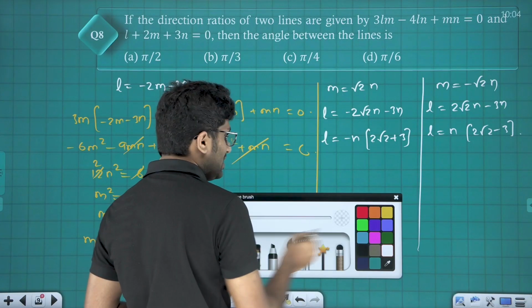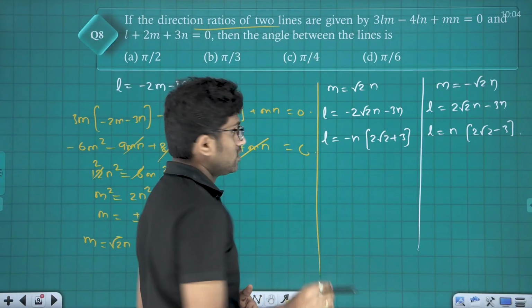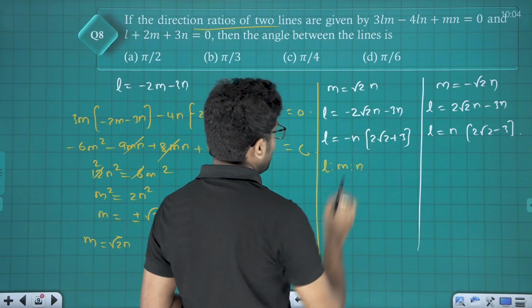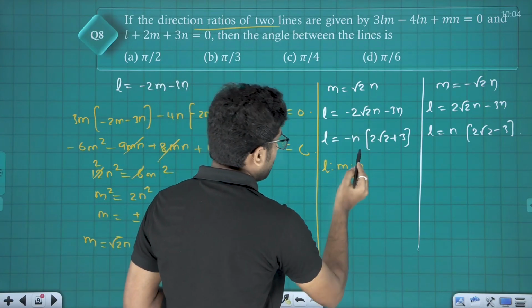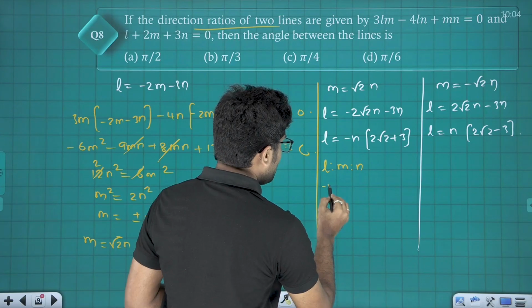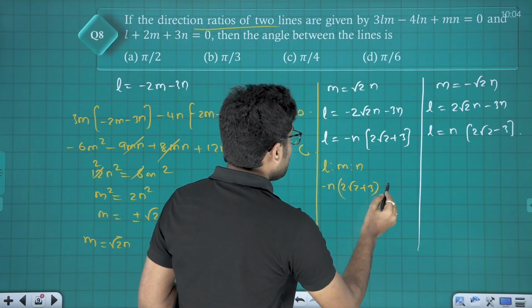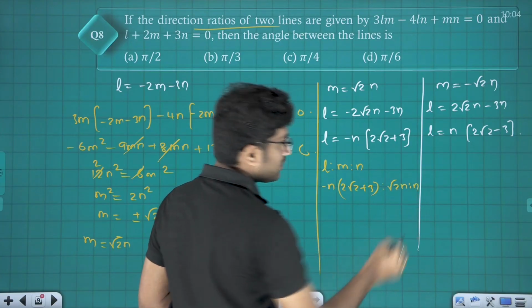So clearly these l, m, n, what are l, m, n? They are the direction ratios. So l is to m is to n is nothing but, all we are expressing in terms of n. So that is minus n into 2 root 2 plus 3, m is root 2n, is to n.